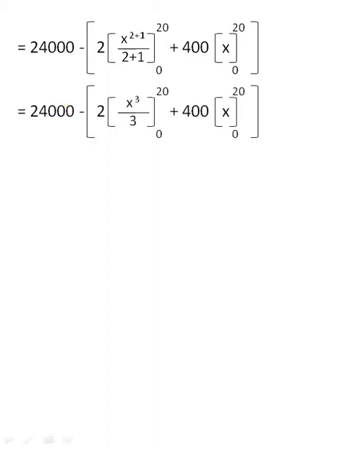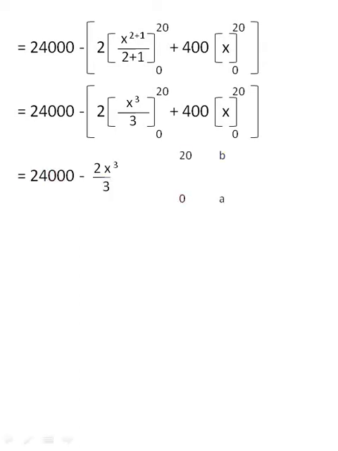Here we are applying the second basic rule of integration. So 24,000 minus, on solving, 2x³/3 from 0 to 20 plus 400x from 0 to 20. Let me remind you once again: in the first part we have used the first basic rule of integration, and in the second part we have used the second basic rule of integration.